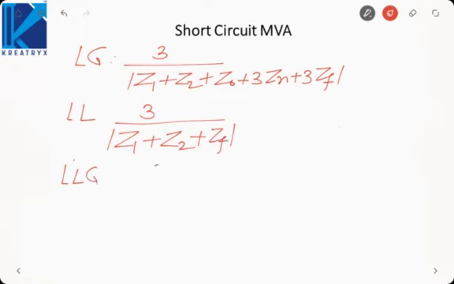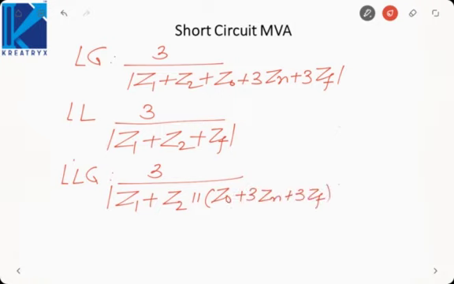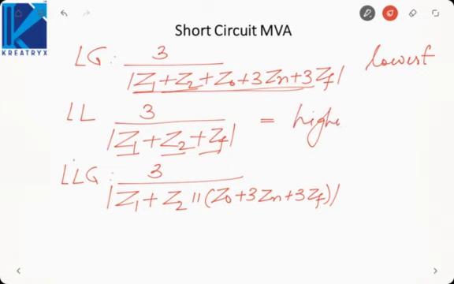In LLG, it is 3 by mod Z1 plus Z2 parallel with Z0 plus 3Zn plus 3ZF. Now if you see the denominator of all these three terms, in the LG case Z1, Z2 and all the impedances are connected in series, so this impedance will be highest, and this will be lowest. In the LL case we have only Z1, Z2 and ZF, and Z0 is not there, so this will be higher.